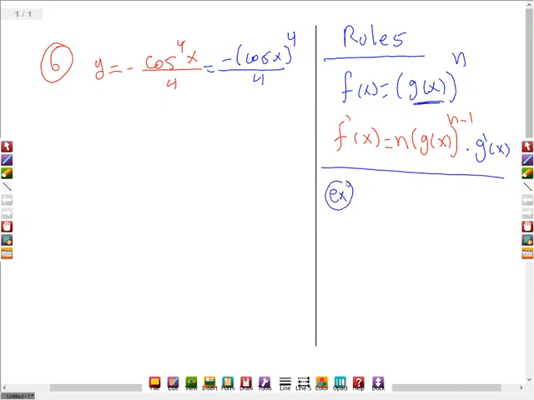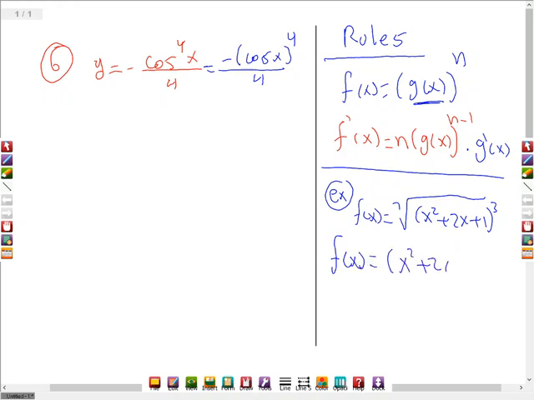Example for this one, quick. Look here. F of x equals x squared plus 2x plus 1 to the power 7 over 3. First step, make f of x equal x squared plus 2x plus 1 to the power 7 over 3. This is the index. The second step is to derive: f prime of x, 7 over 3, you bring it down.